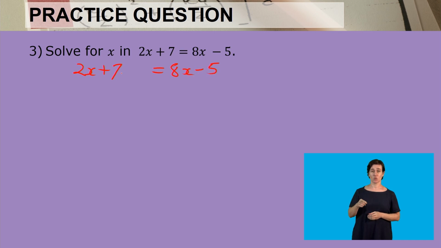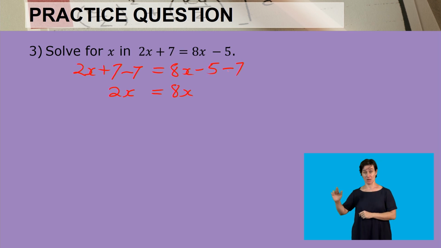The additive inverse of plus 7 is negative 7, on the left and negative 7 on the right. Positive 7 and negative 7 give us 0, and 2x remains. On the right we have 8x, and then negative 5 minus 7, which is negative 12.